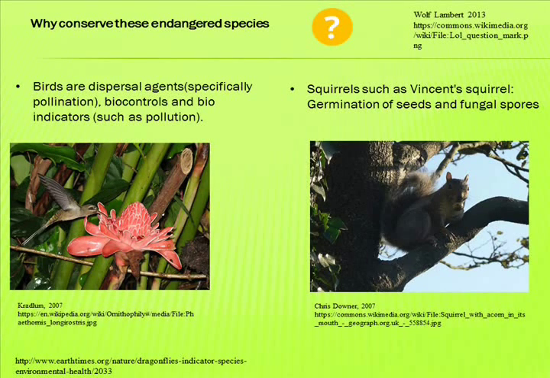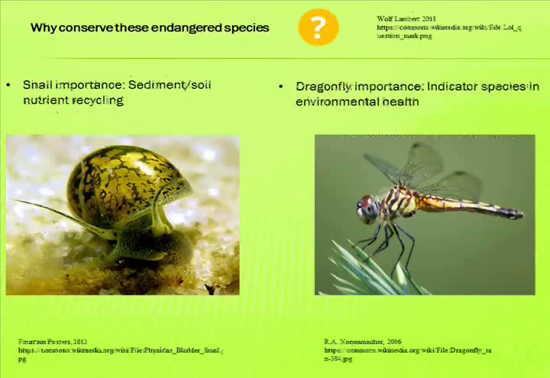Squirrels such as the Vincent bush squirrel are germination agents for seeds and fungal spores. Freshwater snails are involved in sediment nutrient recycling. Dragonflies are indicator species for environmental health.